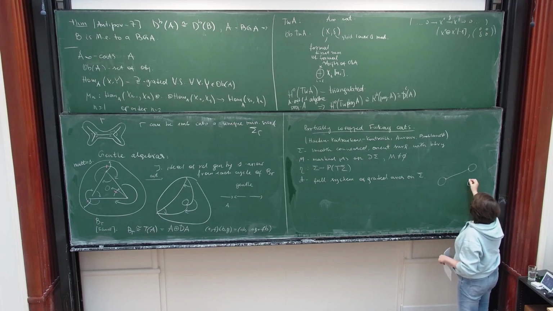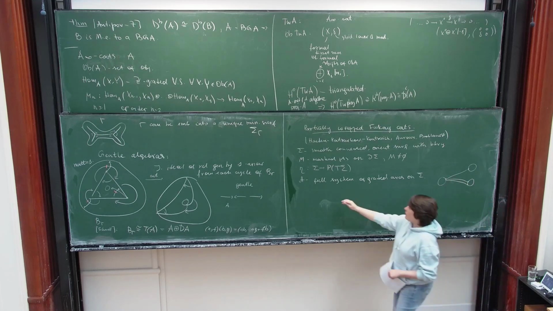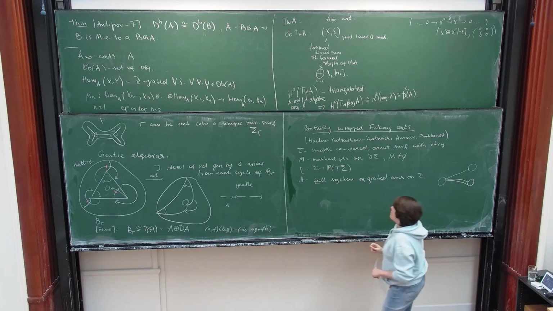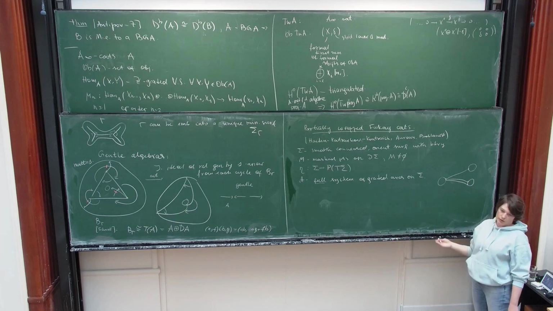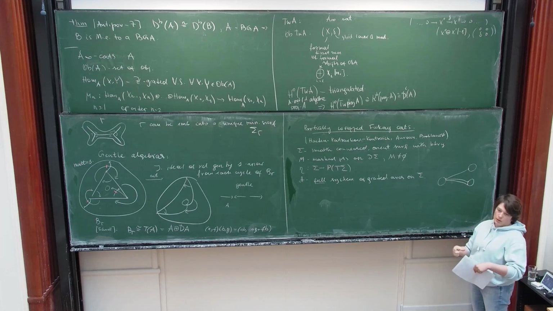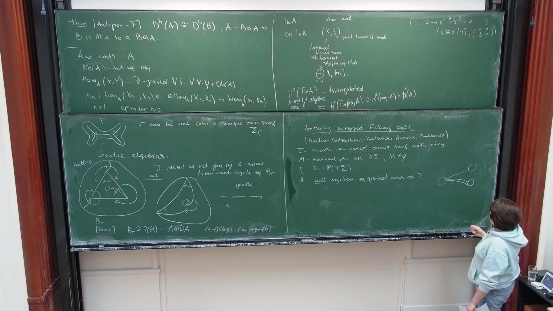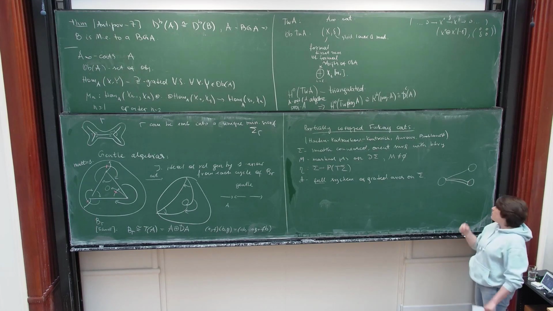So the surface will look something like that. And then the fact that this is full means that the arcs cut the surface into polygons and annuli with one boundary component inside of each one of them, and without marked points.